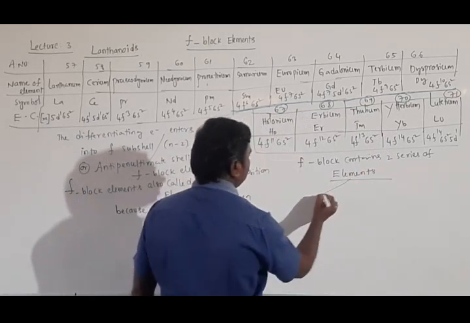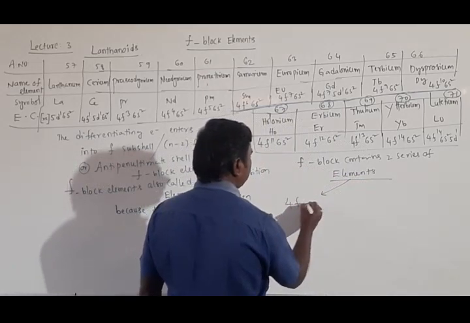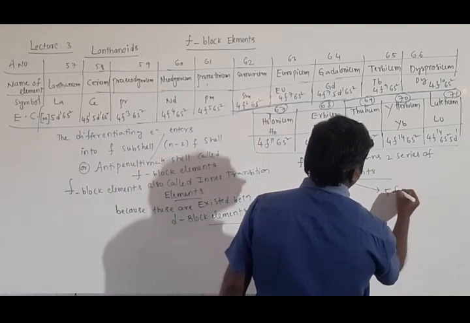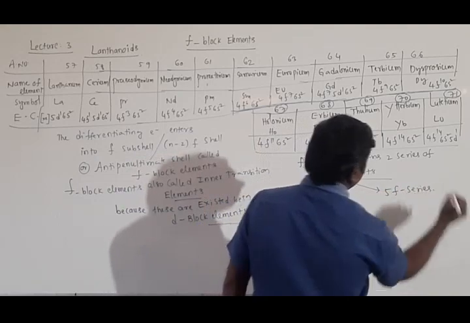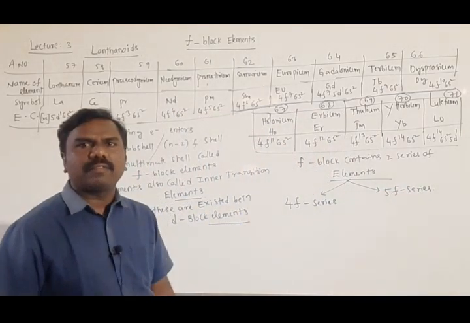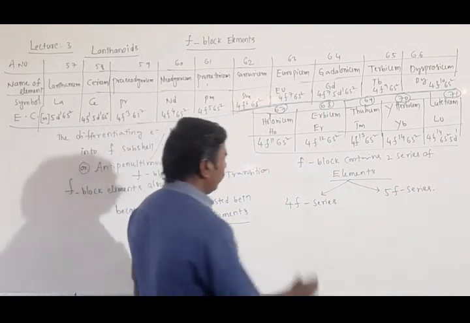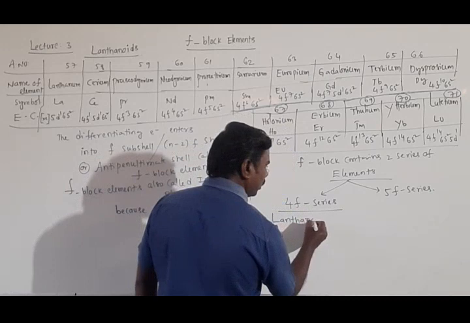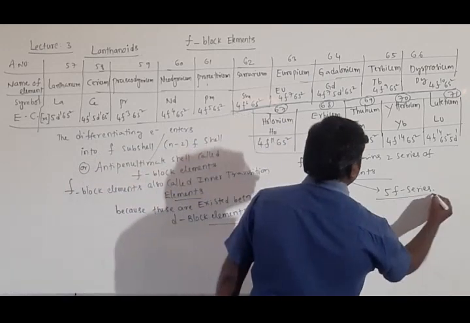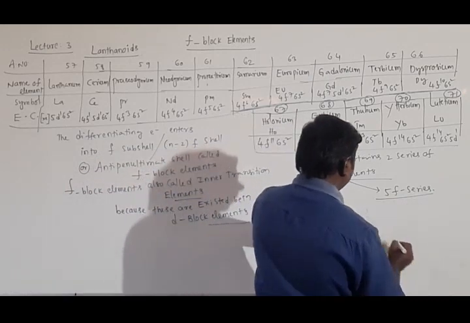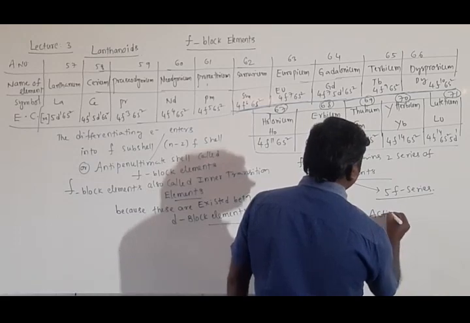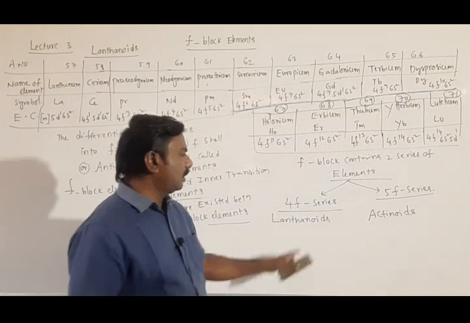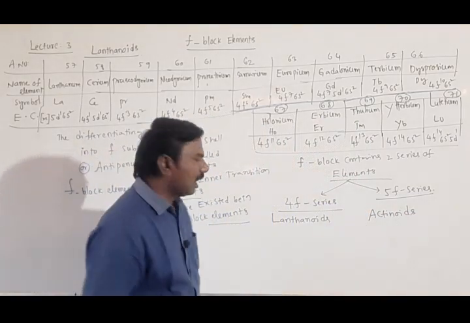Those are, first series is 4F series, second series is 5F series of elements. 4F series elements are called lanthanoids and 5F series elements are called actinoids.